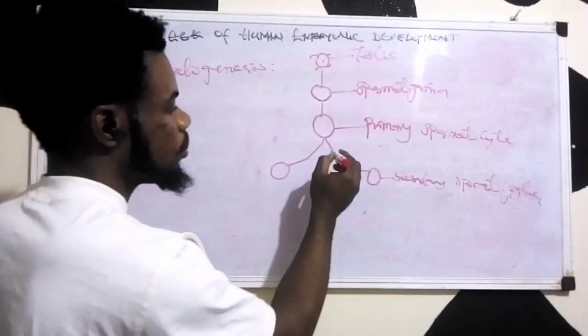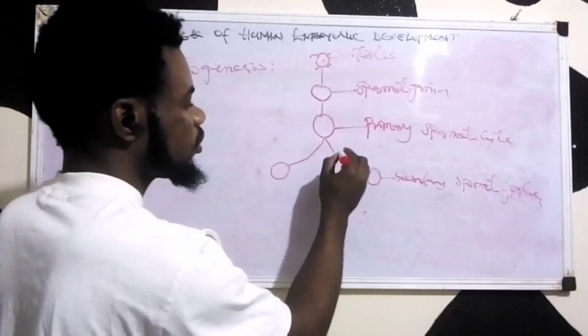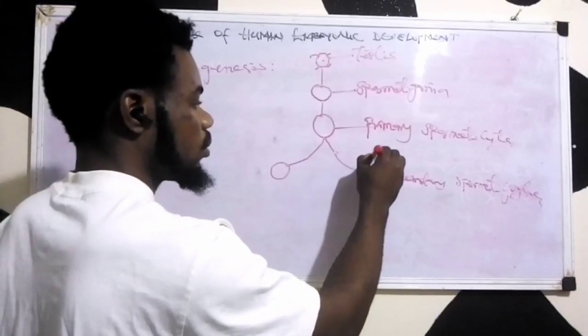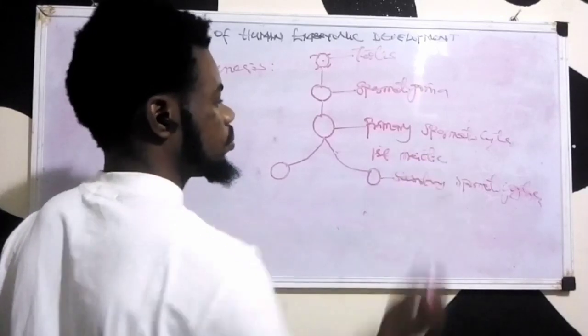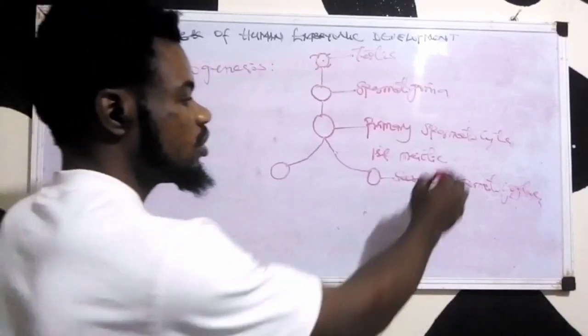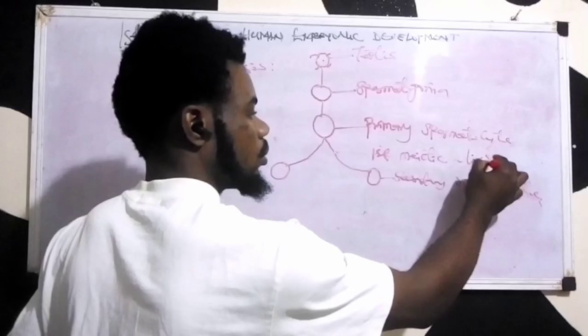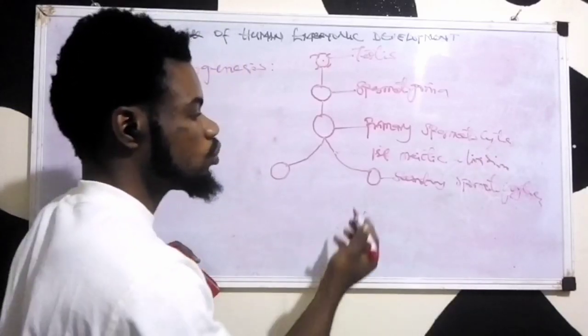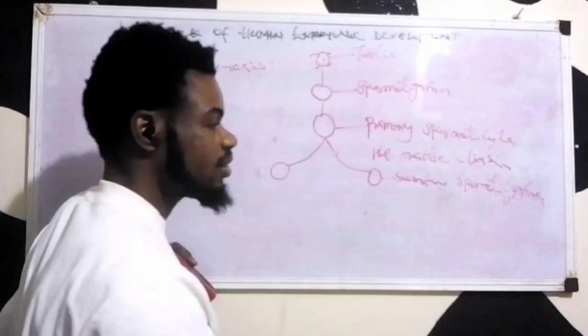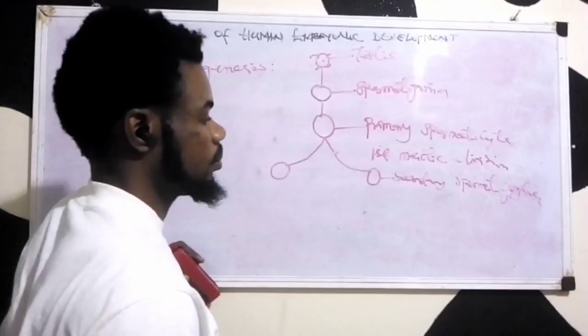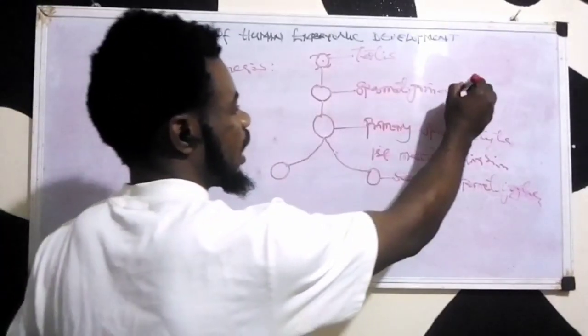Now, this is actually where the first meiotic division occurs to give rise to two identical cells.